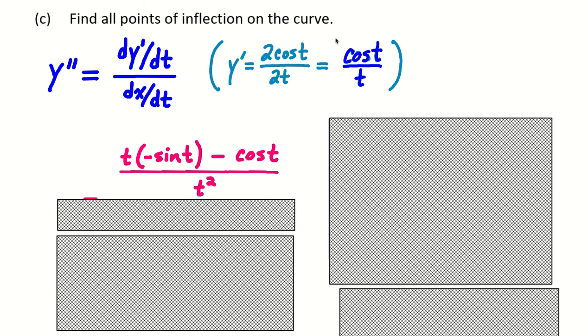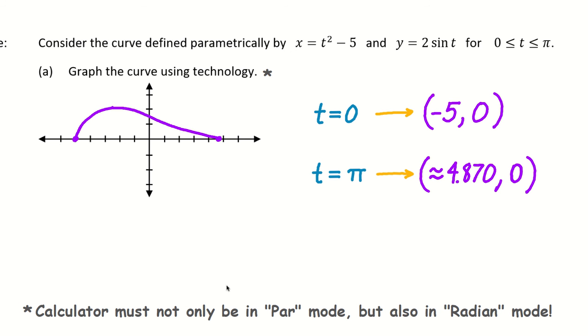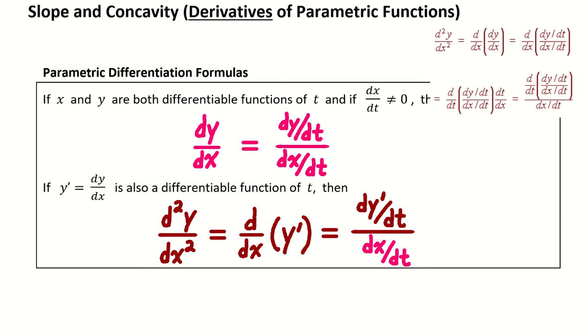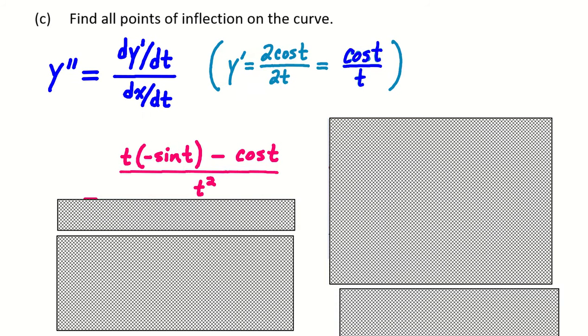To do dy prime over dt, we have to do this whole quotient rule. And then dx dt was just the 2t part.